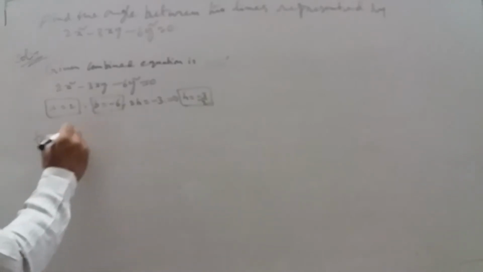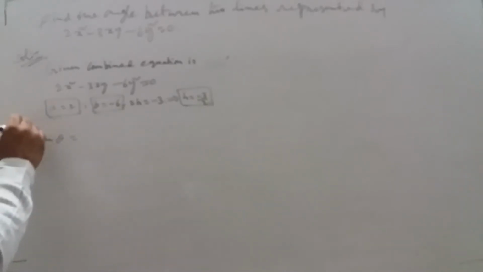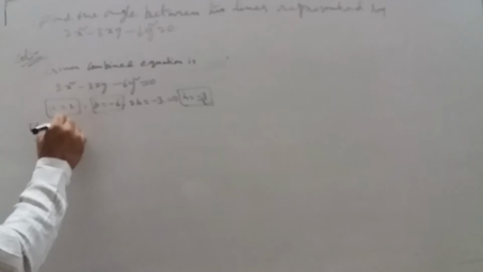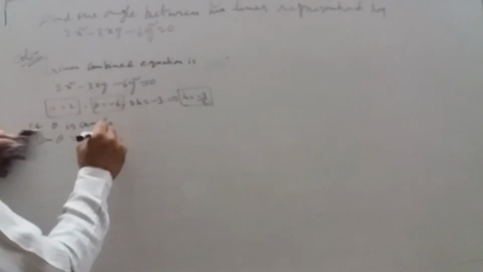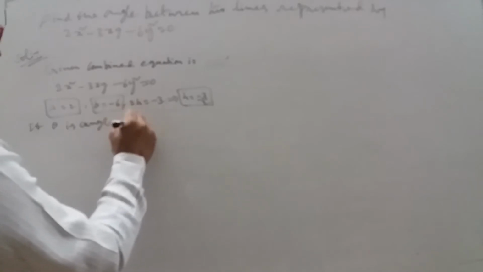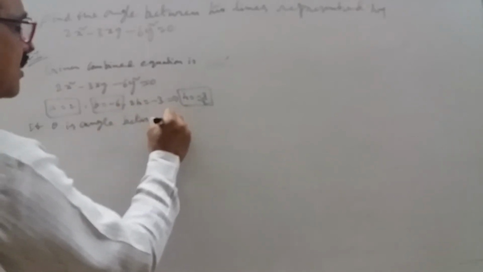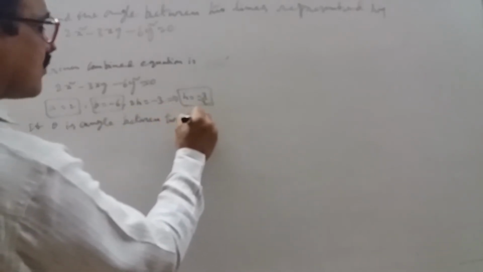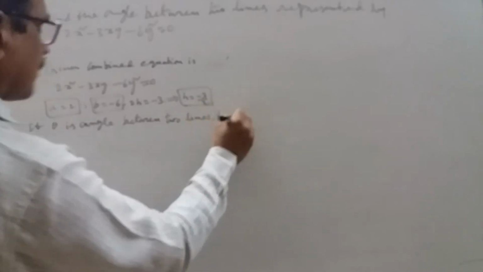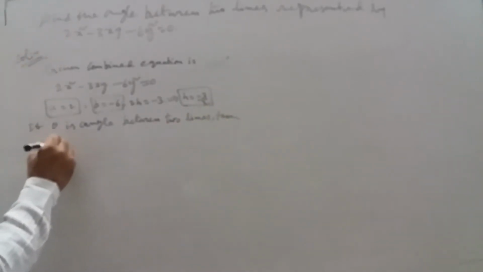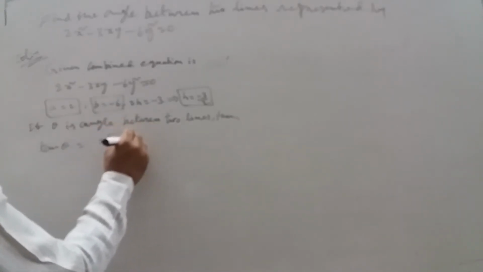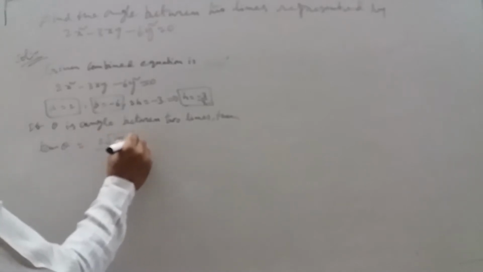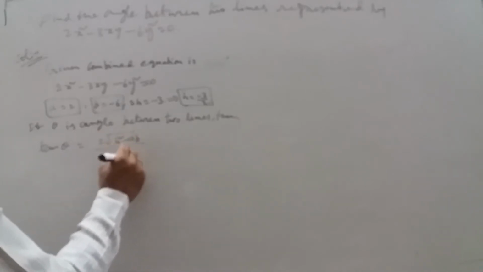By taking tan theta is equal to, we know that if theta is the angle between two lines, then tan theta is equal to, already we proved that, 2 root of h square minus ab by mod of a plus b.